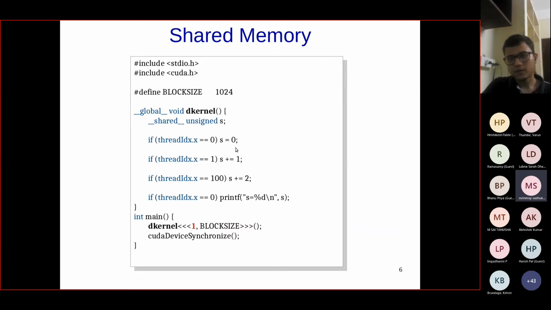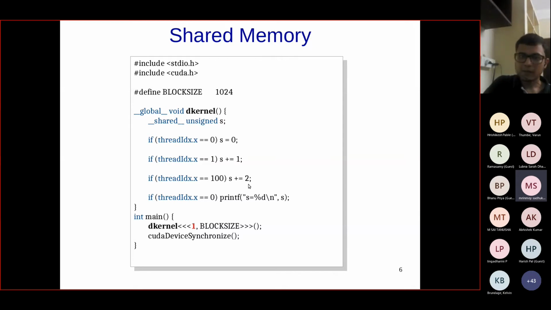So let us assume that these two statements happened in parallel, s equals to 0 and s plus equals to 2. Initially the value read here will be garbage. Here also it will read garbage, because both will read the garbage value. Now let us say that this thread 100 read the garbage value and added 2 to it. So the result was garbage plus 2.